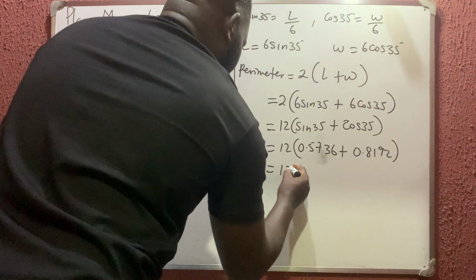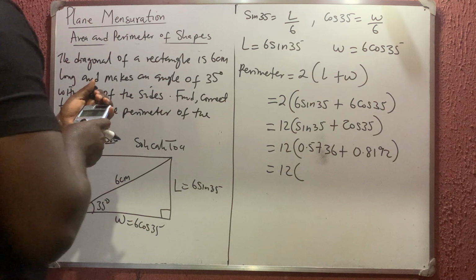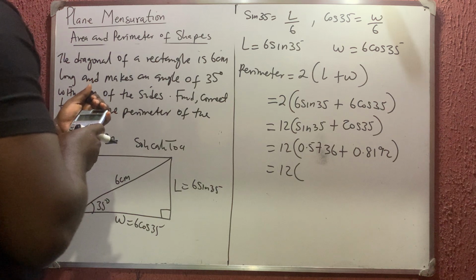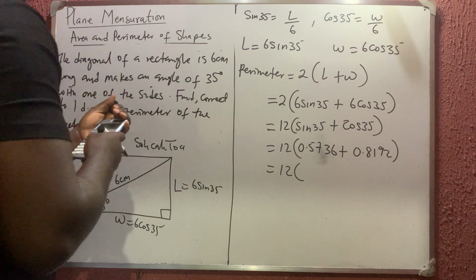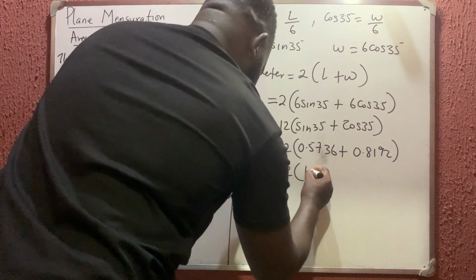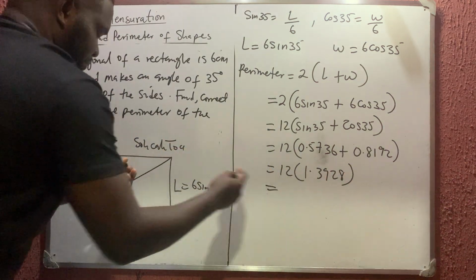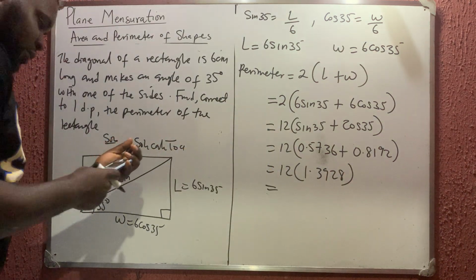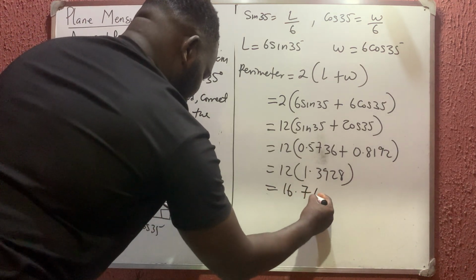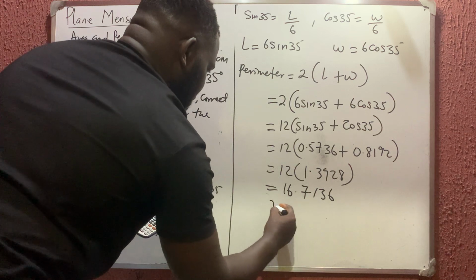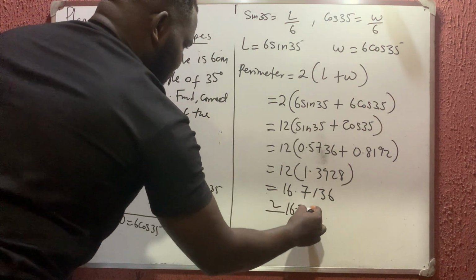If we add both of them, 0.5736 plus 0.8192, I'm having 1.3928. Okay, so if you now multiply it by 12, I'm going to have 16.7136. They say we should approximate to one decimal place, so it's going to be just 16.7 cm.